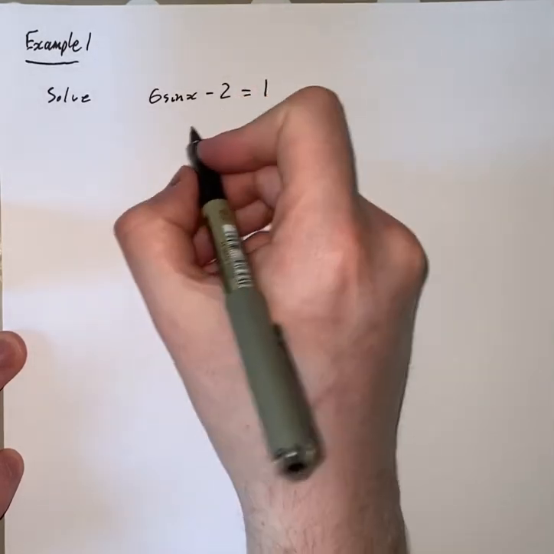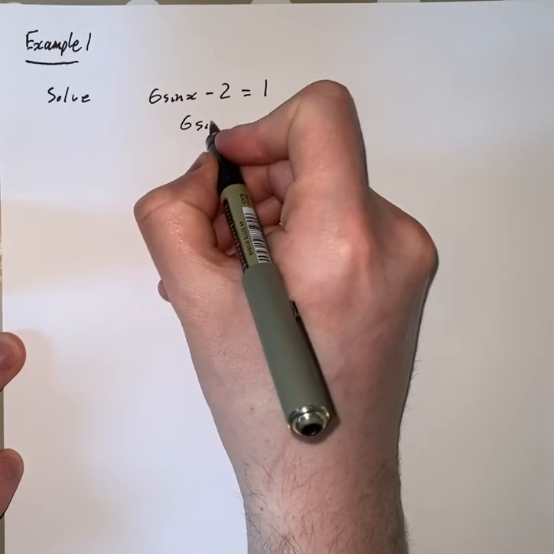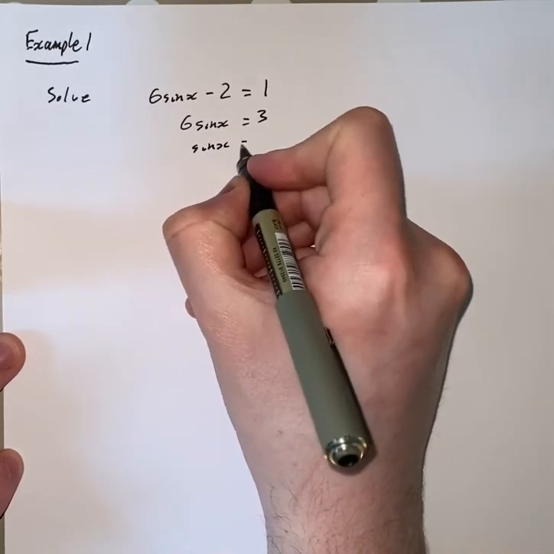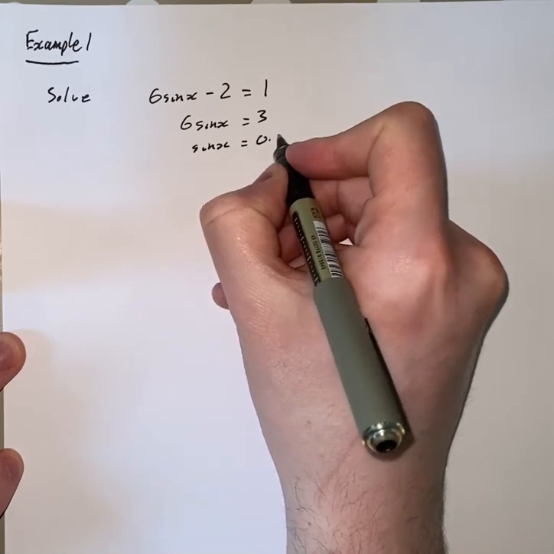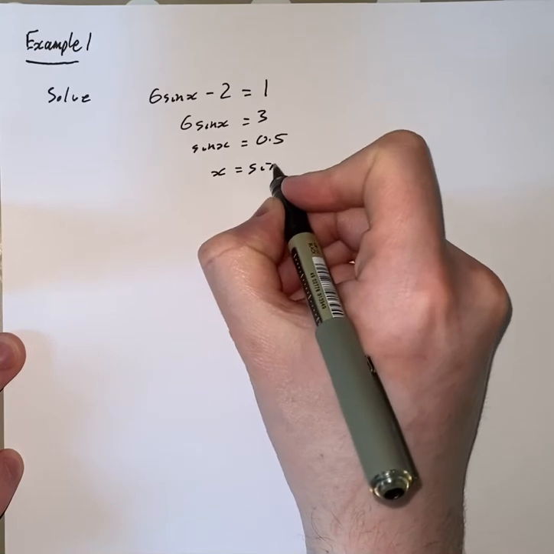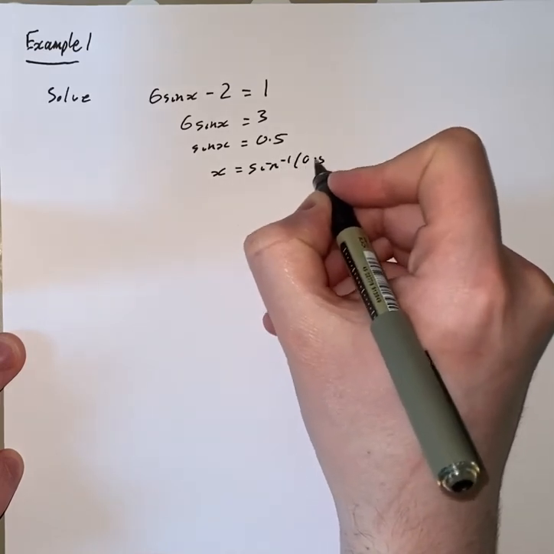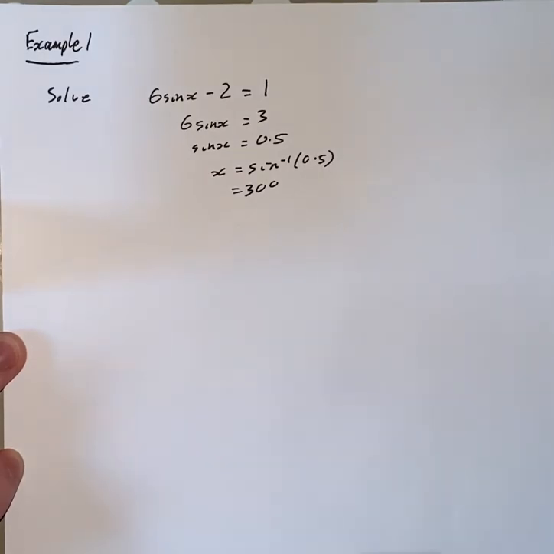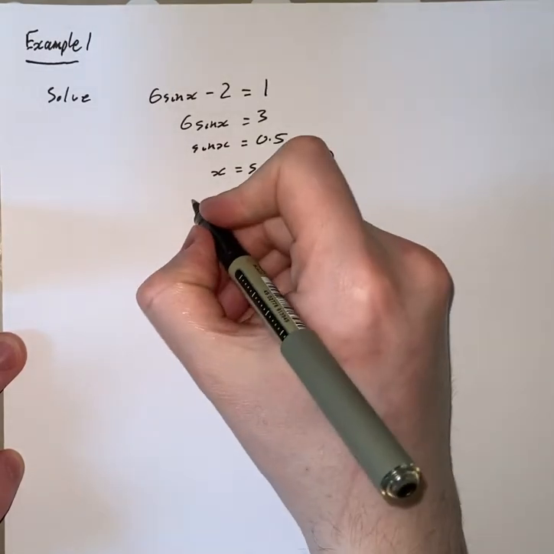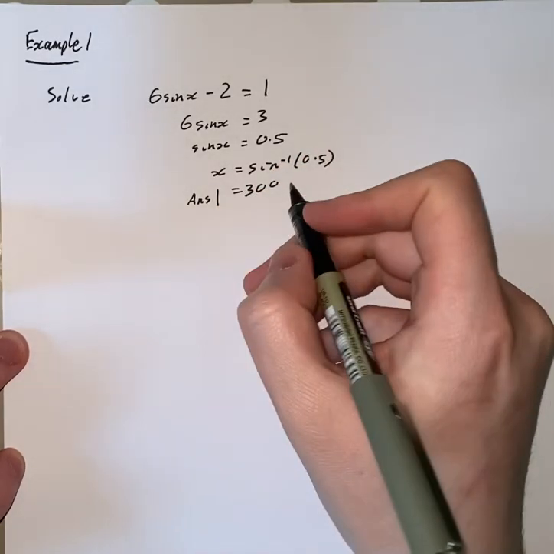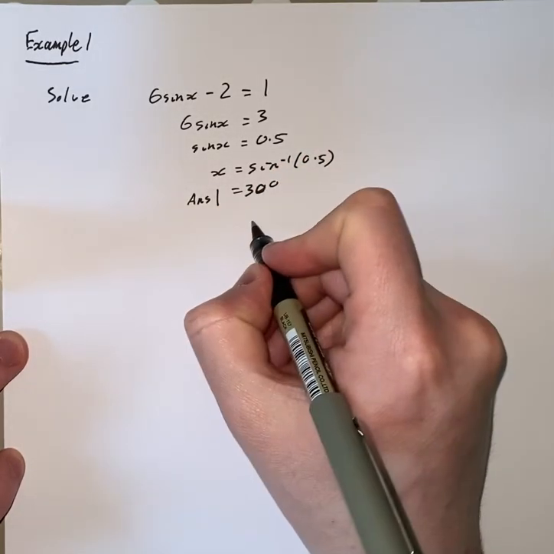Just very quickly, it is the same as we did yesterday. 6 sine x equals 3, sine x equals 0.5 or a half, x equals sine negative 1 of 0.5, which gives us 30 degrees. Now, this is only answer 1. So answer 1 equals 30 degrees.